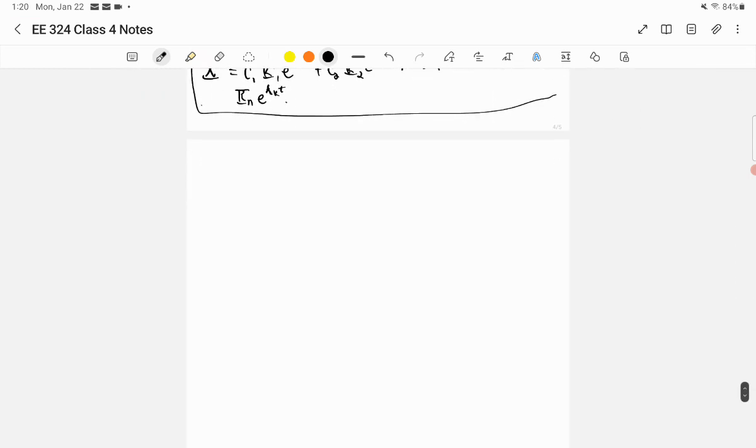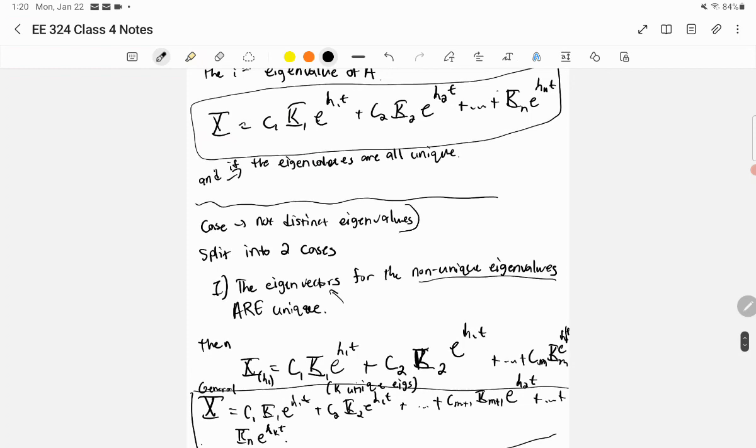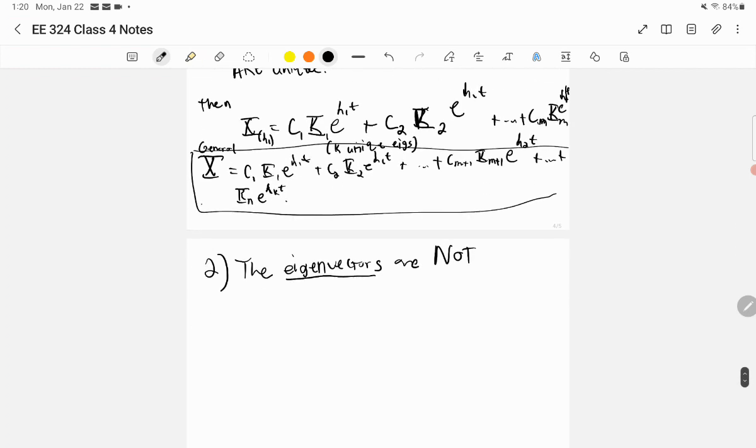But we can have the other case, which is where the eigenvectors are not unique. The eigenvectors, not the eigenvalues, right? So this is the case of non-distinct eigenvalues, meaning the eigenvalues are not unique and the eigenvectors are also not unique. Then the solution will look more interesting.